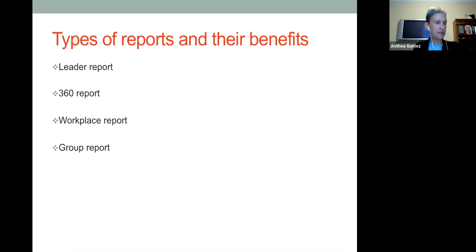It provides you with a snapshot, as I mentioned at the beginning. The workplace report, I really like working with. One doesn't have to do a 360 in order to create a workplace report. So by that, what that does for an individual, if I have an assessment and then I want to now determine how do I take the information that I have and apply it in my day-to-day workplace.